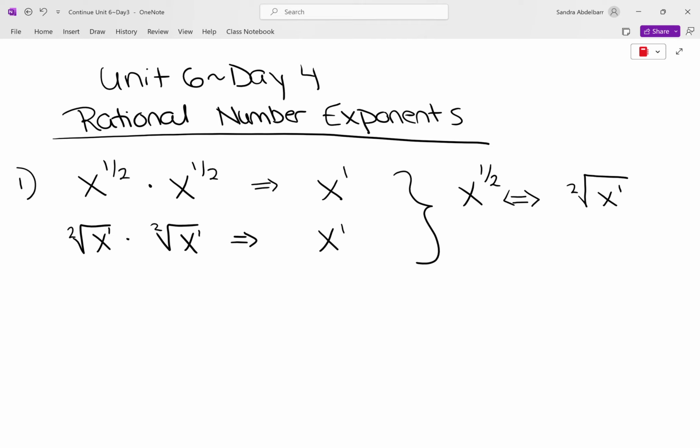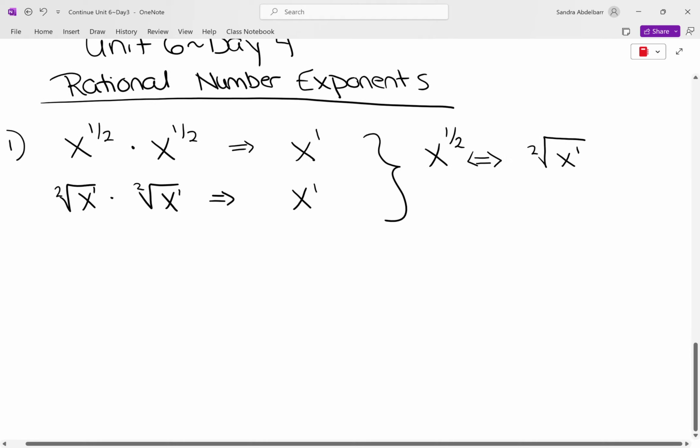And this doesn't only work for square roots. It actually works for any index, that you can change any radical with any index into a base with an exponent. So how do we do it? How do we go from exponential to radical and radical to exponential?